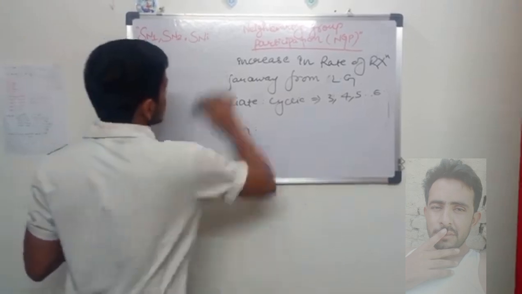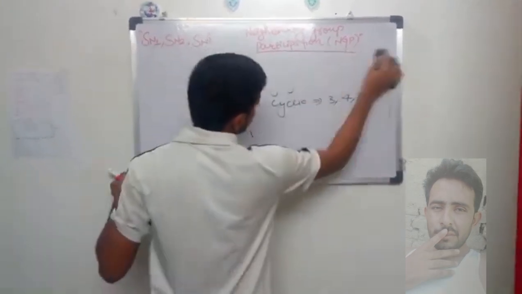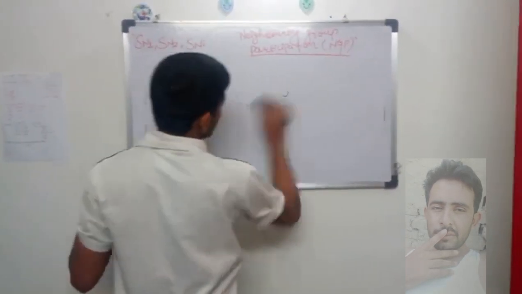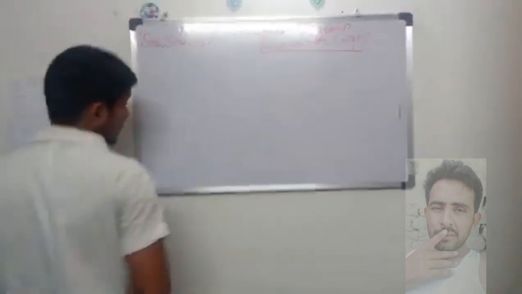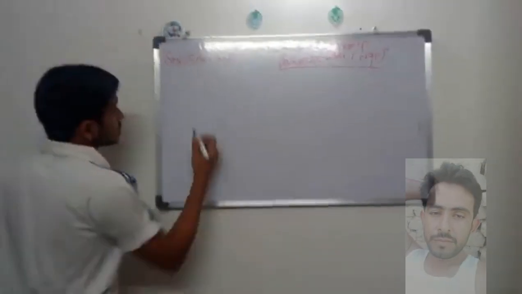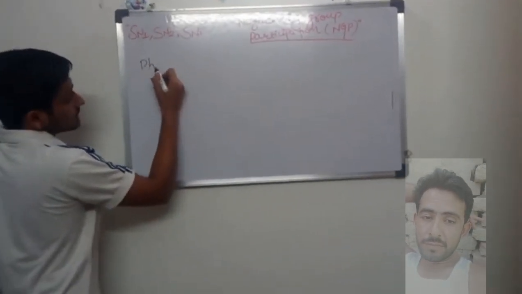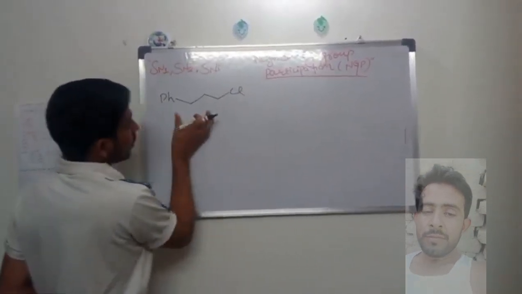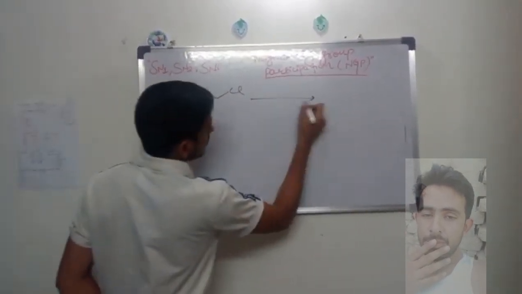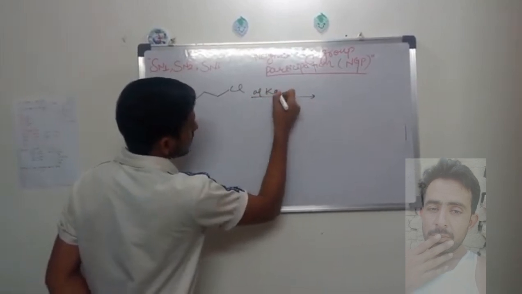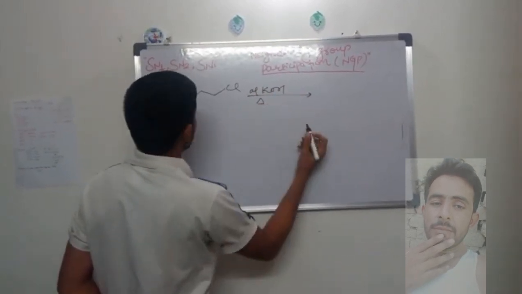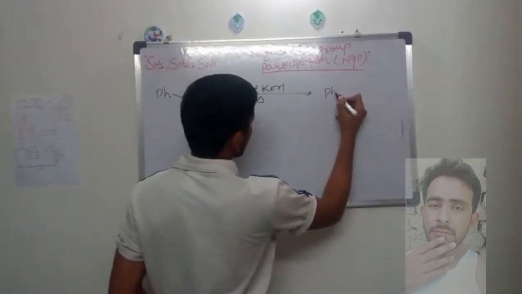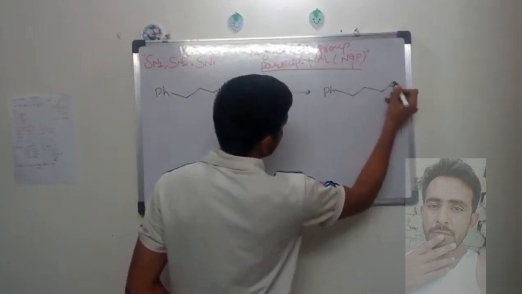So first we will see the increase of the rate of reaction. Why is the rate of reaction in NGP type of reaction very high? Two basic examples I have taken, from that you can get a better idea. One, a normal SN2 reaction, where we have added aqueous KOH and we are heating it. So the normal SN2 product will form, this one.